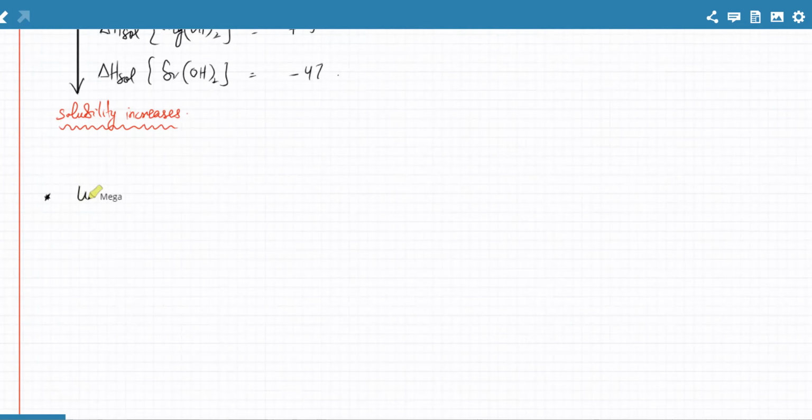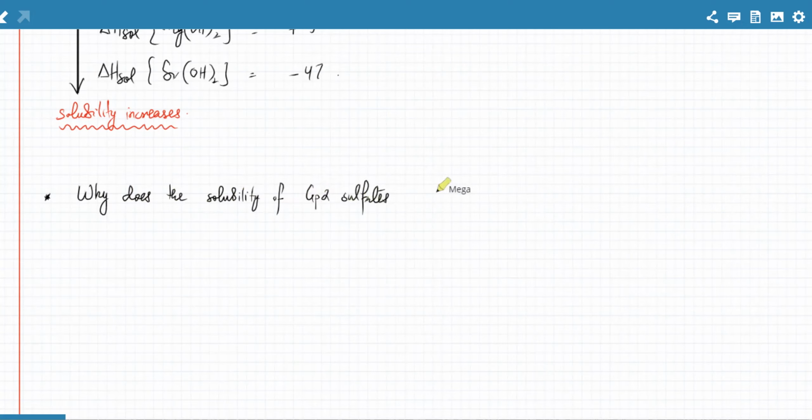So why does the solubility of group 2 sulfates increase down the group?